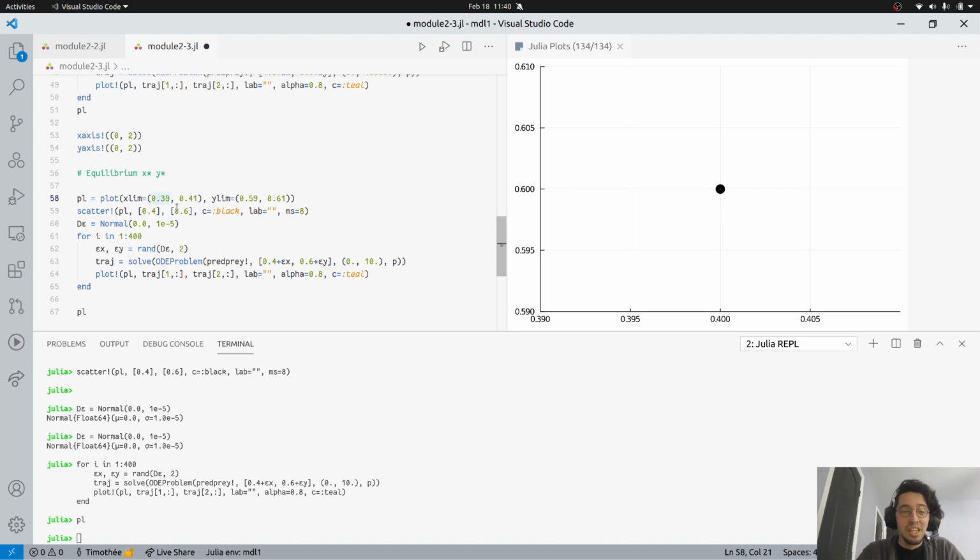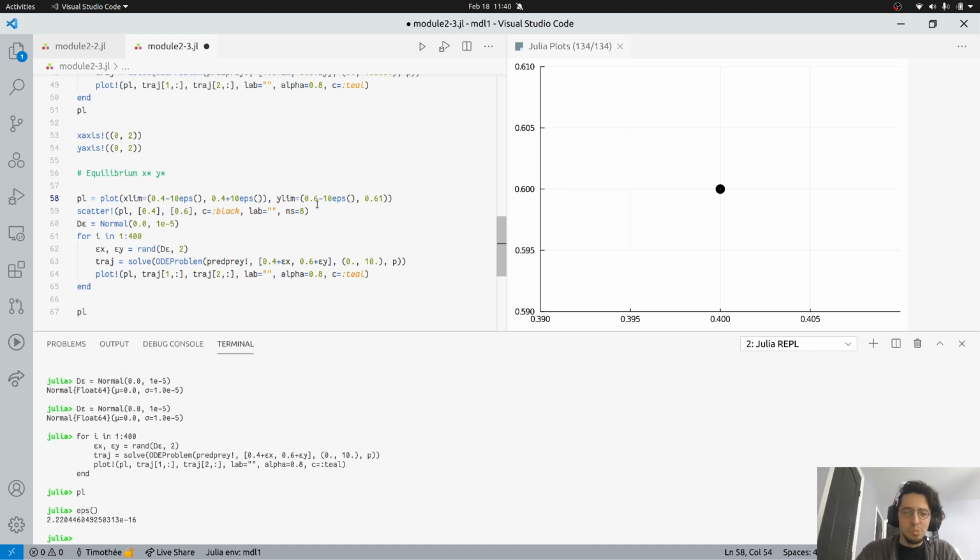So let me illustrate the difference by zooming in an absurd amount on these points. So this EPS function is 2.22 to the minus 16. And you might recognize that as the number that R gives you when your p-value is very, very small.